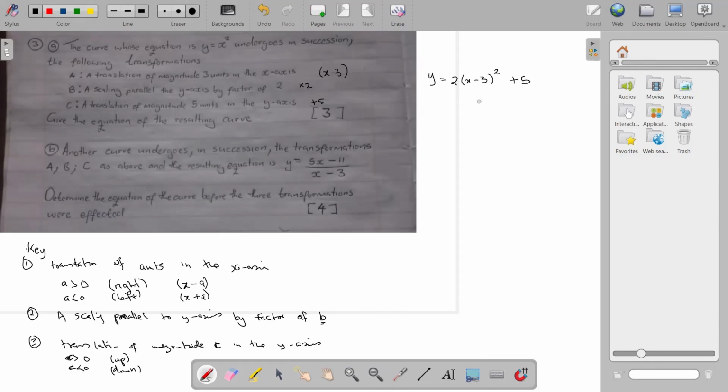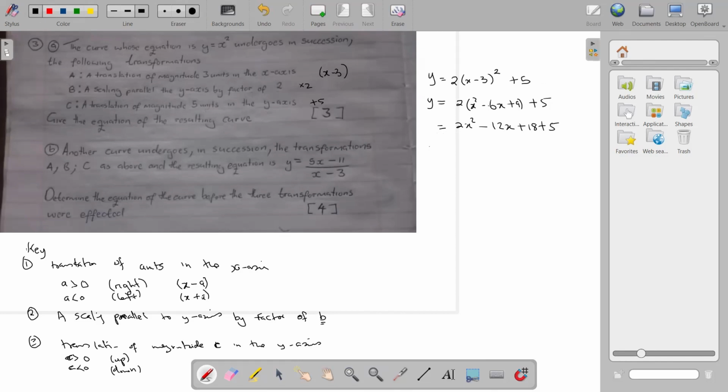Then this is the resulting function, but you can give it in expanded form. So y will be equal to 2 times the expansion of that, which is x squared minus 6x plus 9, then plus our 5, which will be equal to 2x squared minus 12x plus 18 plus 5.